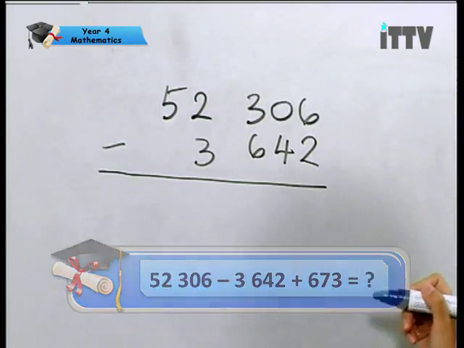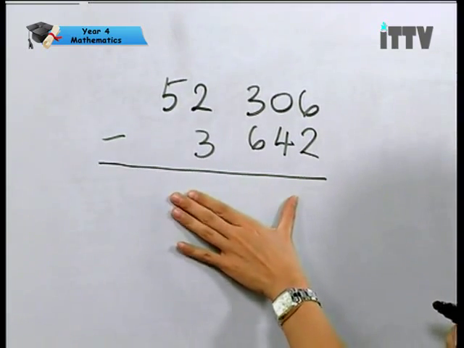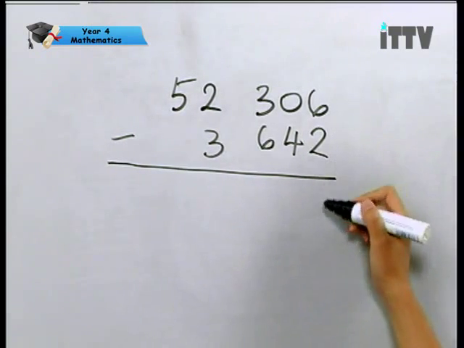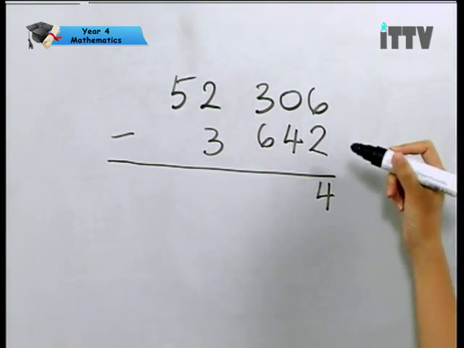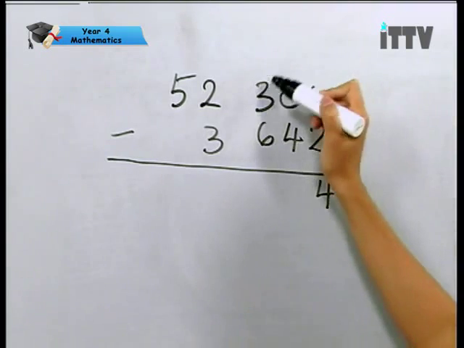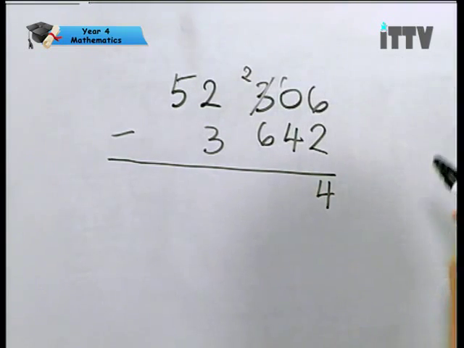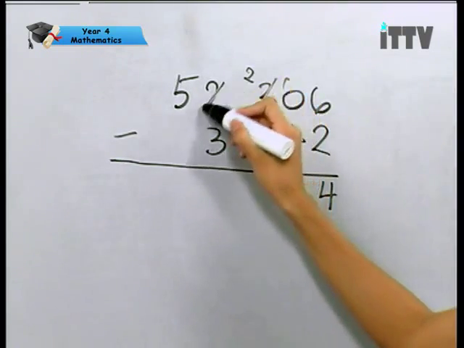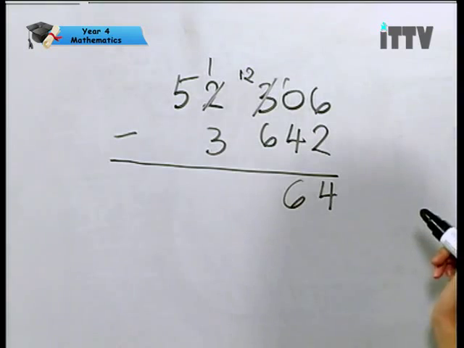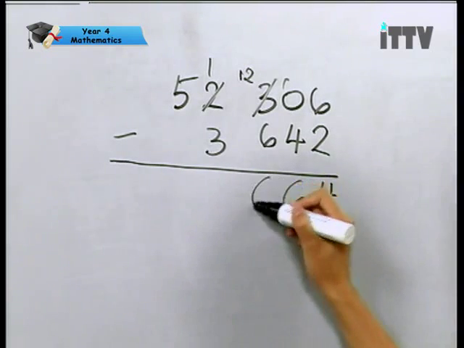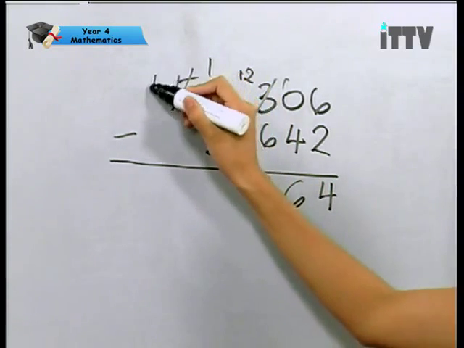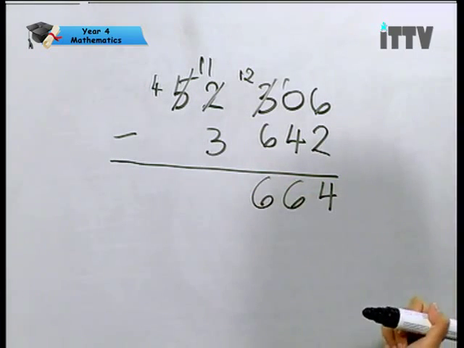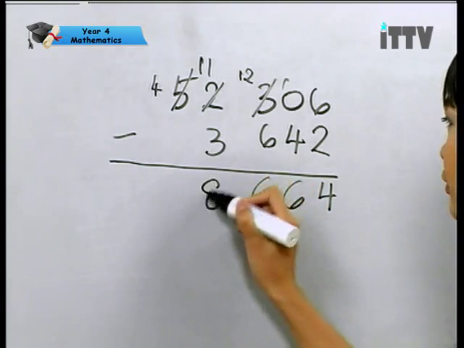Now I'll subtract starting from the right. 6 minus 2, 4. 0, cannot subtract 4, so I'll trade 10. 10 minus 4, 6. Over here, not enough, I'll trade again. 12 minus 6, 6. Over here, how about 11? 11 minus 3, I have 8.